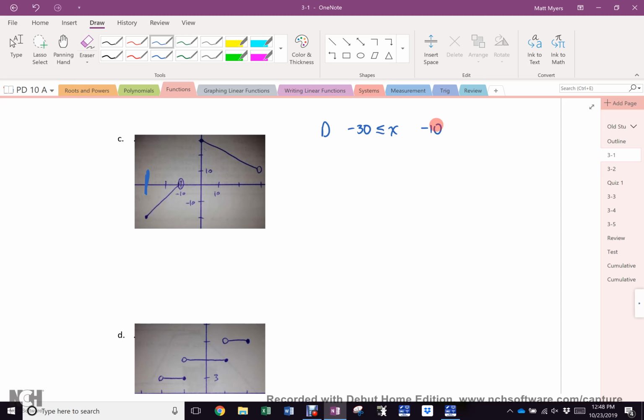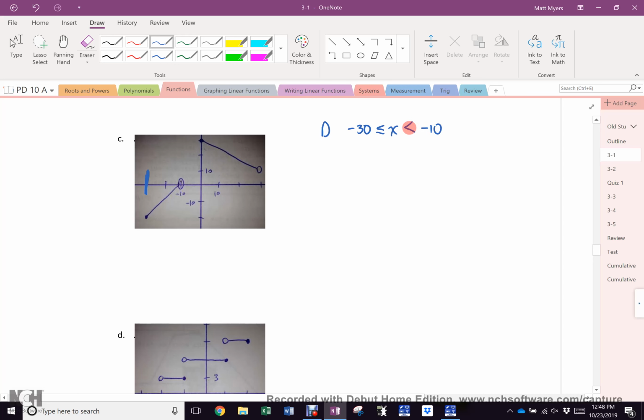Yes. Is -10 allowed? No. Hard no. So it is less than -10 because it doesn't ever equal -10.